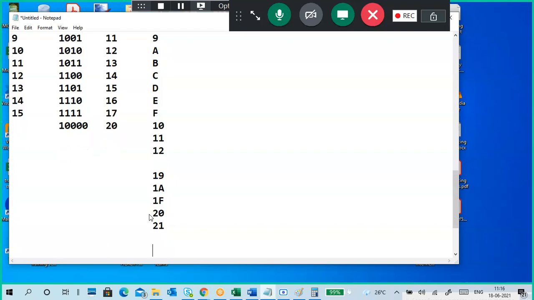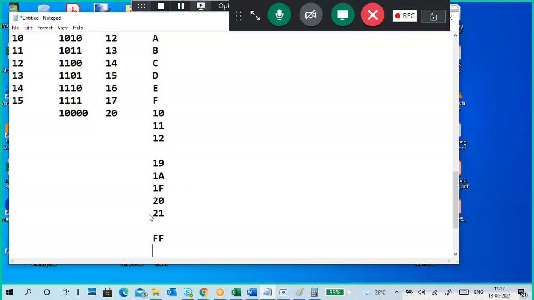Once you reach FF, after FF, not 99. You don't need to think also.